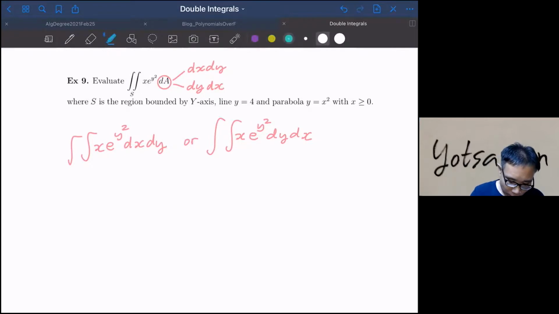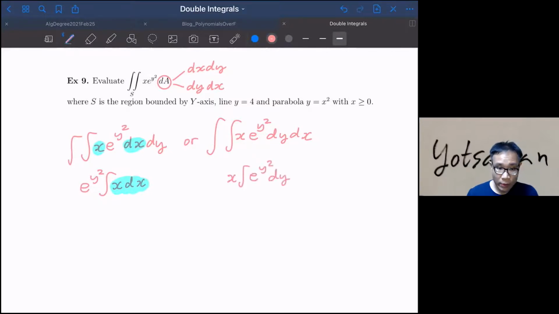For dx dy, what you face turns out to be e to the y squared, and you integrate x dx. However, for the second one, the thing you have outside is x, and the thing you have to integrate turns out to be e to the y squared dy.